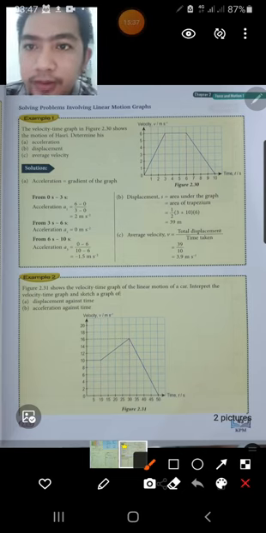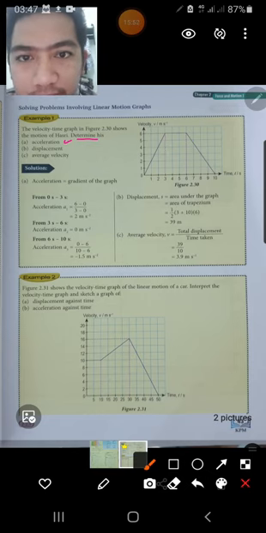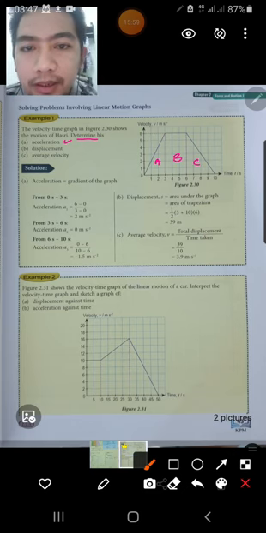First example: the velocity-time graph in figure 2.3 shows the motion of Hasri. Determine his acceleration first. So here the graph has 3 sections, section A, section B, section C. That means for each section you have to calculate its acceleration.